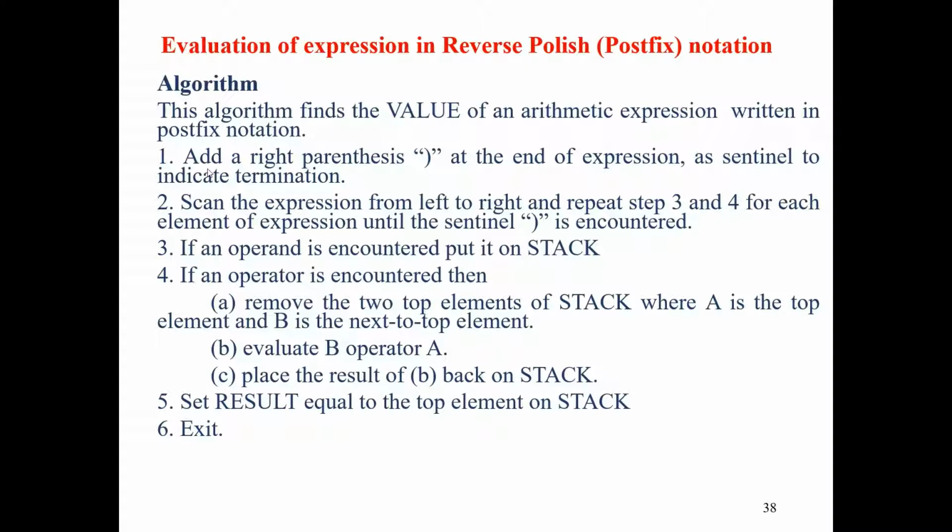Add a right parenthesis at the end of the expression. You remember in the conversion from infix to postfix also, we were pushing one left parenthesis onto the stack and adding a right parenthesis at the end of the expression.